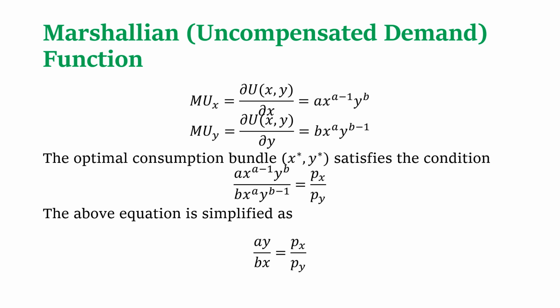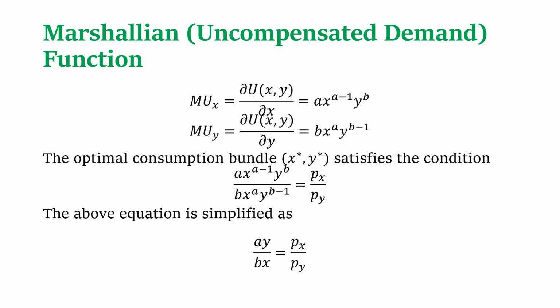When we subtract 1 from a, we have a minus 1. So instead of x to the a, y to the b, we now have a x to the a minus 1, y to the b. That is the marginal utility of good x.